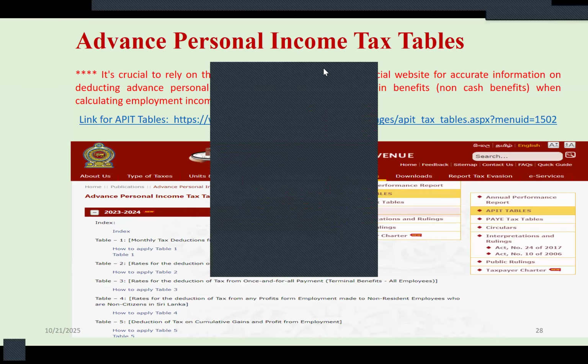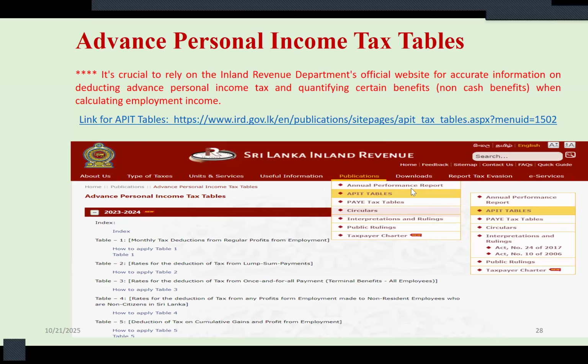Because of that, we have given a tax table. We have prepared tax tables considering several situations. Based on that tax table, very easily the employer can deduct taxes when they are paying employment income to their employees.